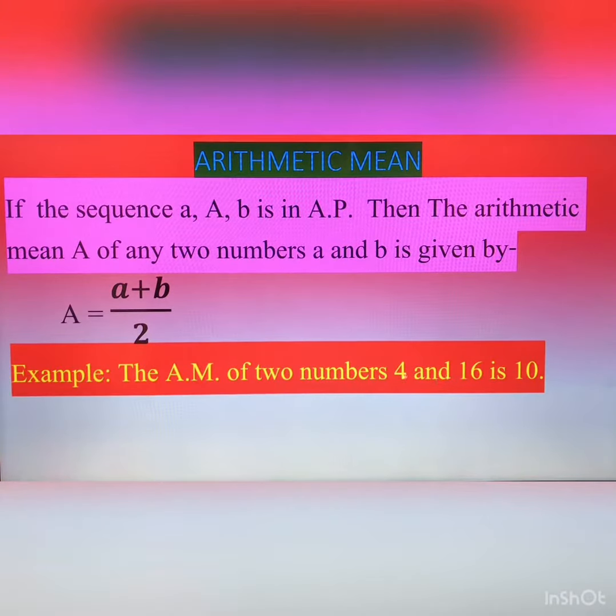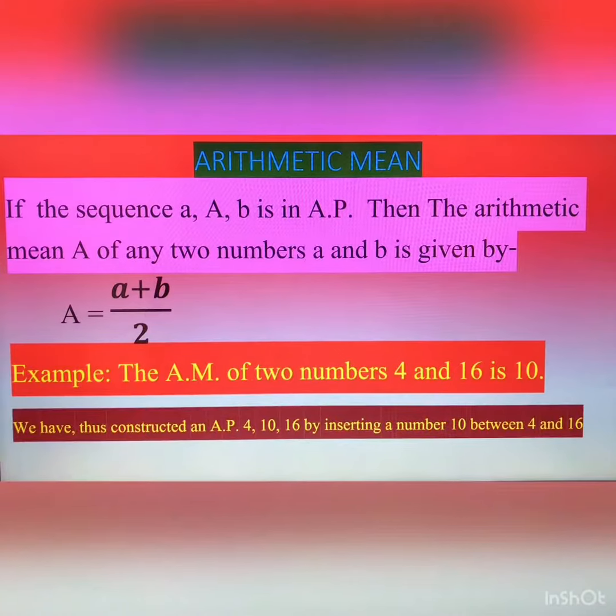For example, to find the arithmetic mean of 4 and 16, we will get 10, because 4 plus 16 is 20, and 20 by 2 means 10. So this is the arithmetic mean for any two numbers. Now construct an AP, that is 4, 10 and 16, by inserting the number 10 between 4 and 16. So this is a number and this is the arithmetic mean.